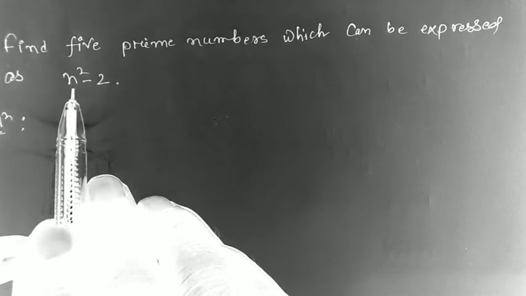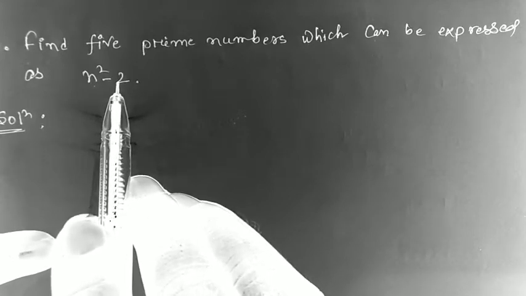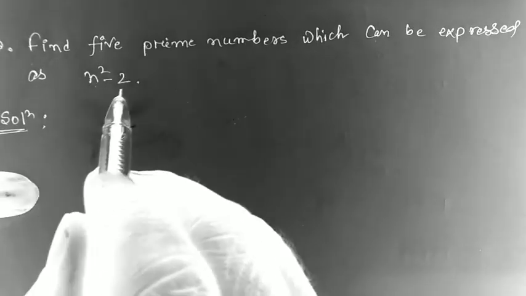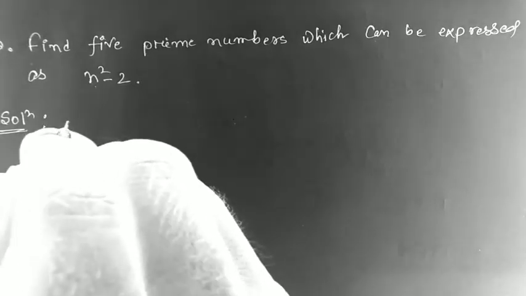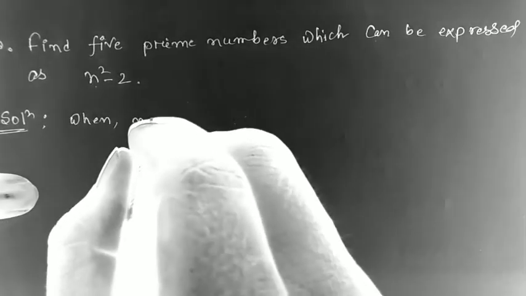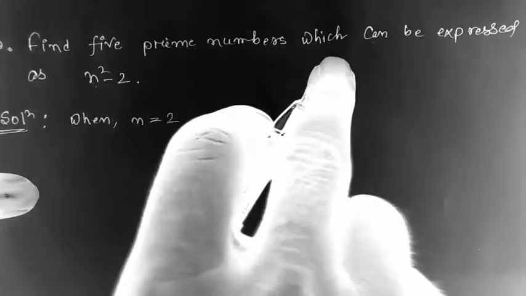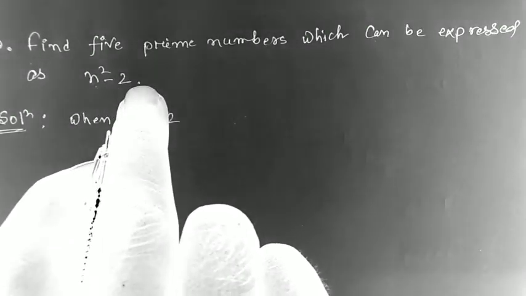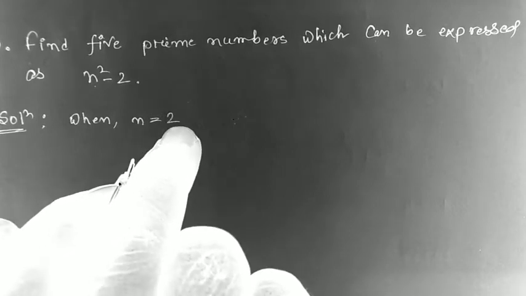So we have to start with the first prime number. What is the first prime number? The first prime number is 2. Let's see whether 2 can be expressed in this form or not. When n is equal to 2, n is nothing but a prime number. So we start with n equal to 2.